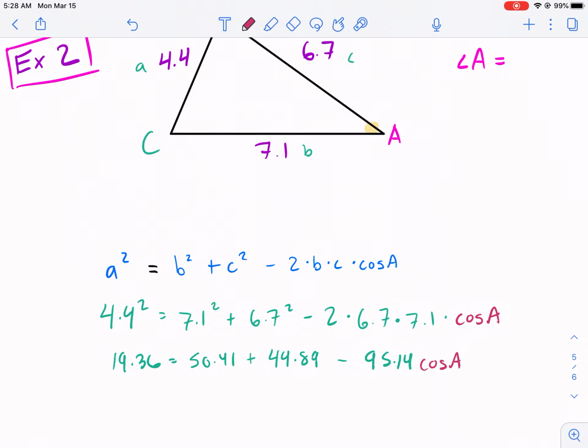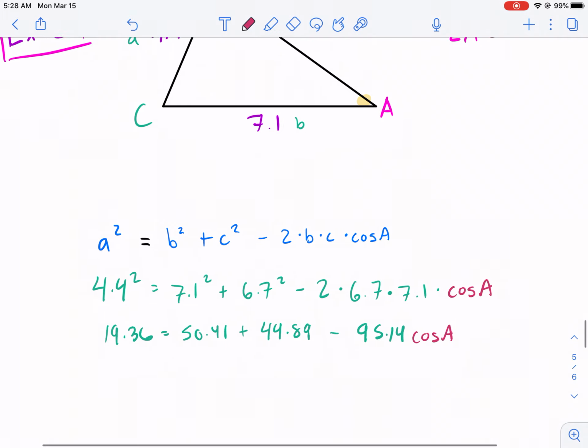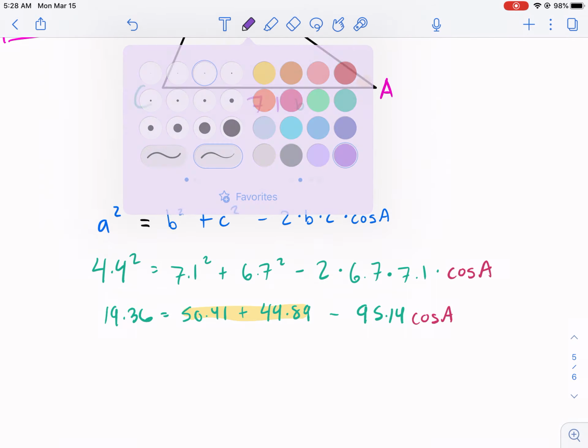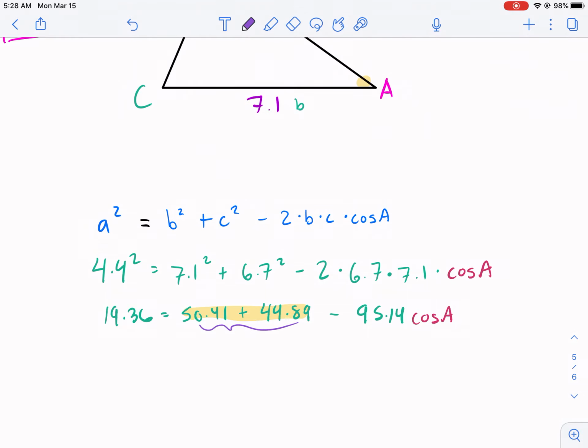And this is the tricky part. This is just equation manipulation. I need to move everything over to the other side to get cosine of A by itself. So first I'm going to combine these, and then I'm going to subtract that from both sides. Here I combine these, and I get 50.41 plus 44.89, and that gives me 95.3.